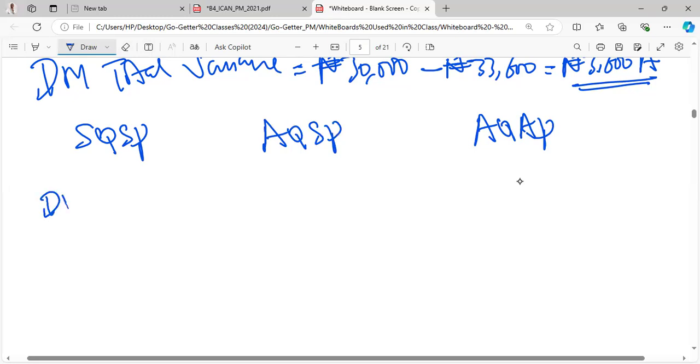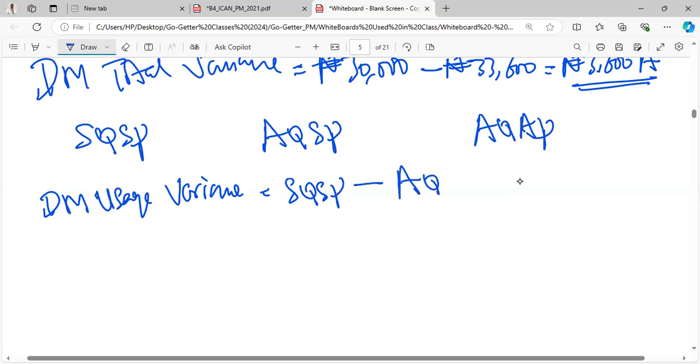I can say direct material usage variance is going to give me standard quantity, standard price minus actual quantity, standard price. The standard price is common, so it's going to be standard quantity minus actual quantity.